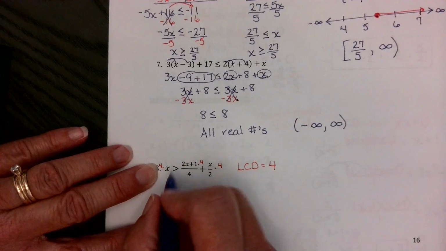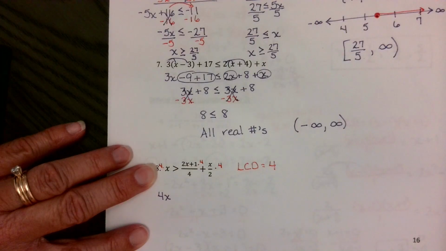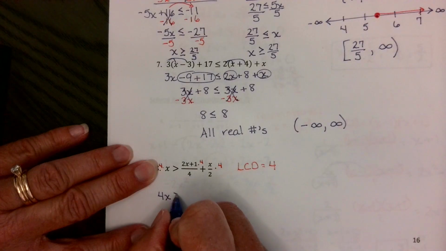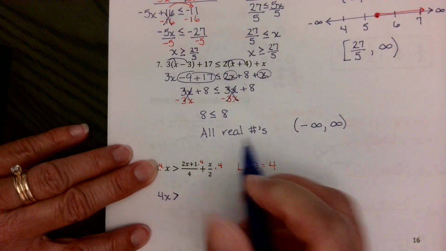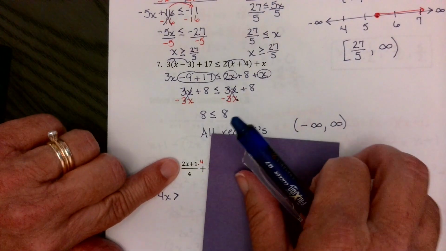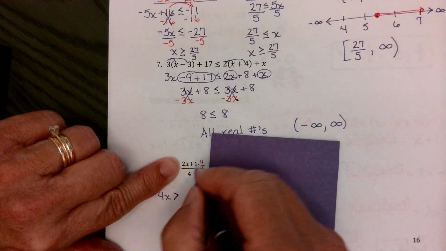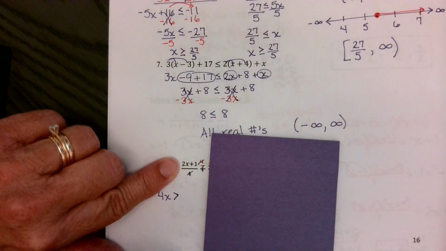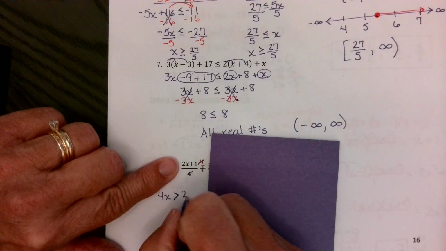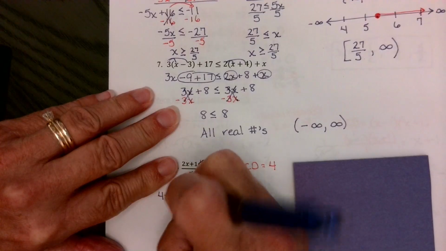I'll be explaining this in class anyway. 4 times x is 4x. Now, when I bring that down, this is really over 1, so this 4 and that 4 are going to cancel each other out because one's in the top and one's in the bottom. I'm left with 2x plus 1.